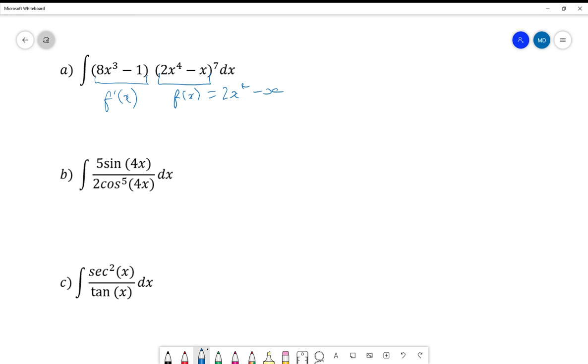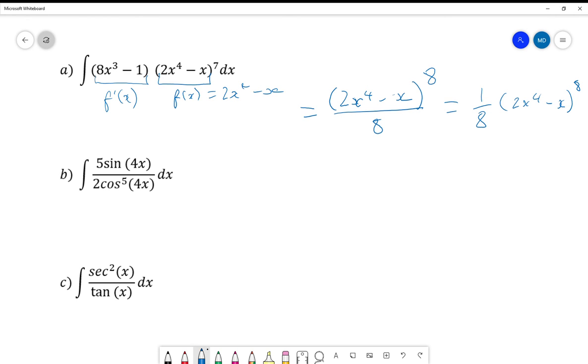Hence the integral here is going to be 2x to the 4 minus x all to the power of 8 divided by 8. And that there is our integral, let's be precise, which is equal to perhaps 1/8. You could write it like this, 2x to the 4 minus x all to the power of 8.